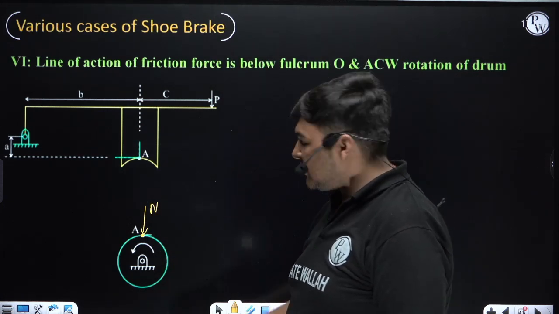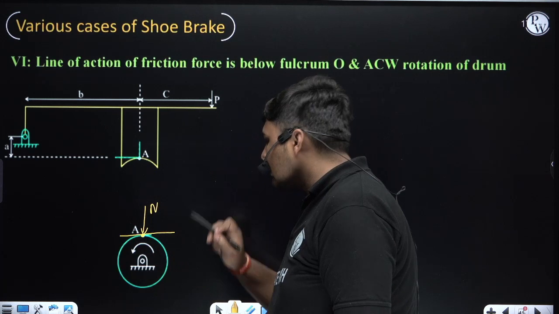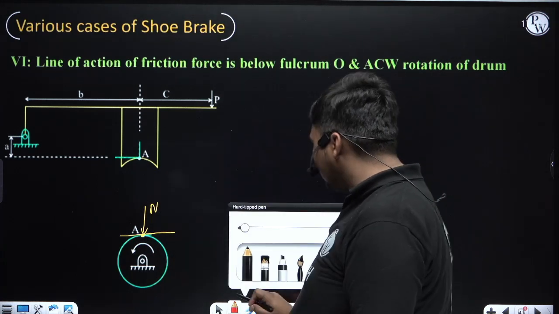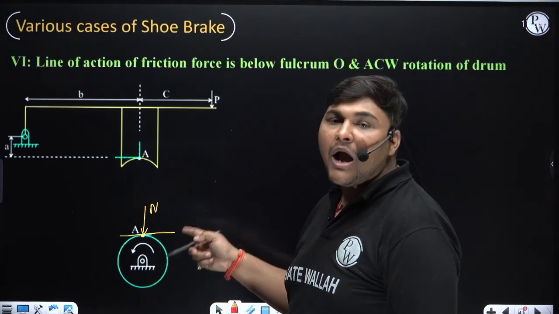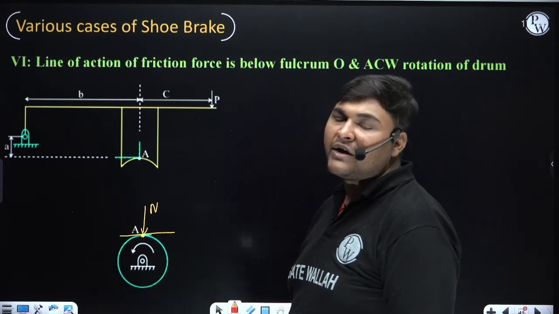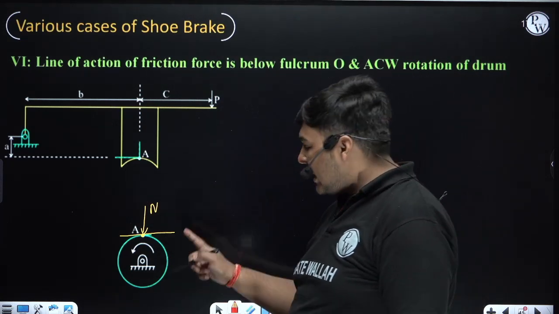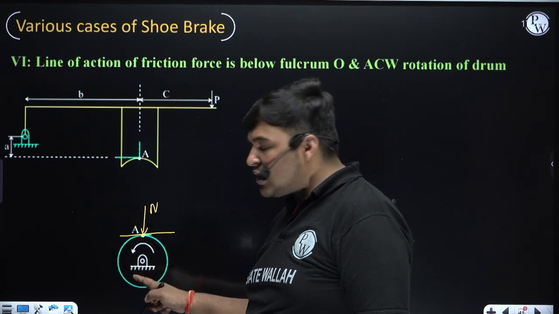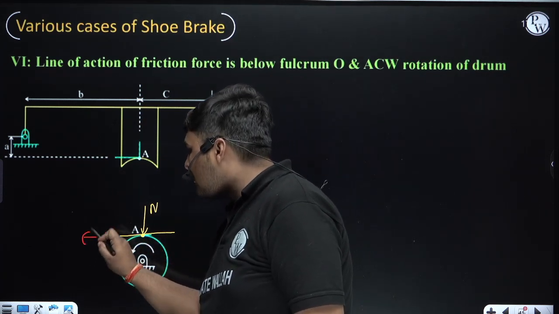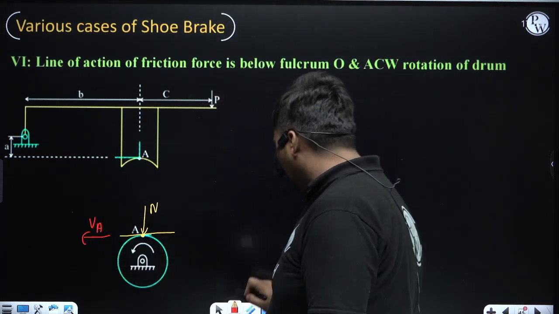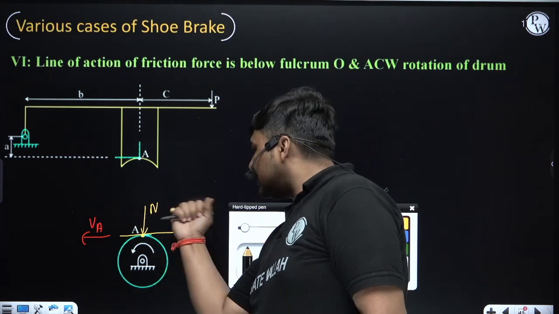Now friction force will be perpendicular to N. The sense of friction force will be such that it should be opposite to the velocity of A, whenever we are drawing friction force in the FBD of drum. So at this instant, since drum is rotating anti-clockwise, the direction of velocity of A will be this, and friction force will be opposite to this direction, means it will be in this direction.